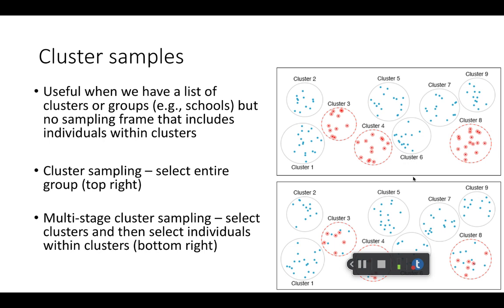The multi-stage bit means that we've done this in 2 stages: 1, sample clusters, and 2, sample individuals within clusters. Now we have a sample of school children that is representative of all of the children in these 9 schools. And they're representative because we've used random sampling at each step: 1 to select clusters, 2 to select individuals.